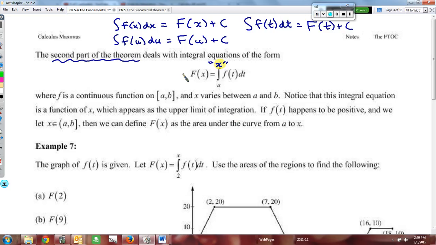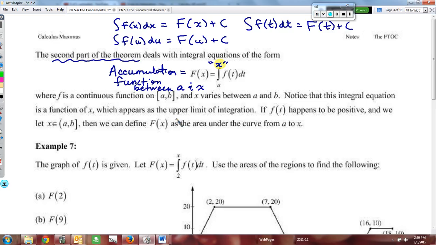What you want to think of this as is an accumulation function. It is going to give us how much has accumulated between a and x, the accumulation function between a and x. And so it's going to end up giving me a formula.